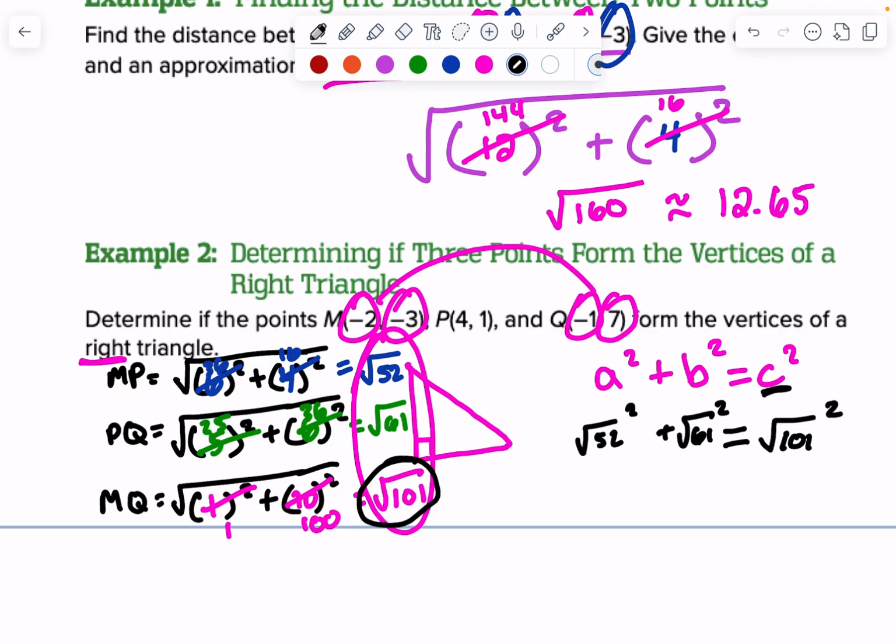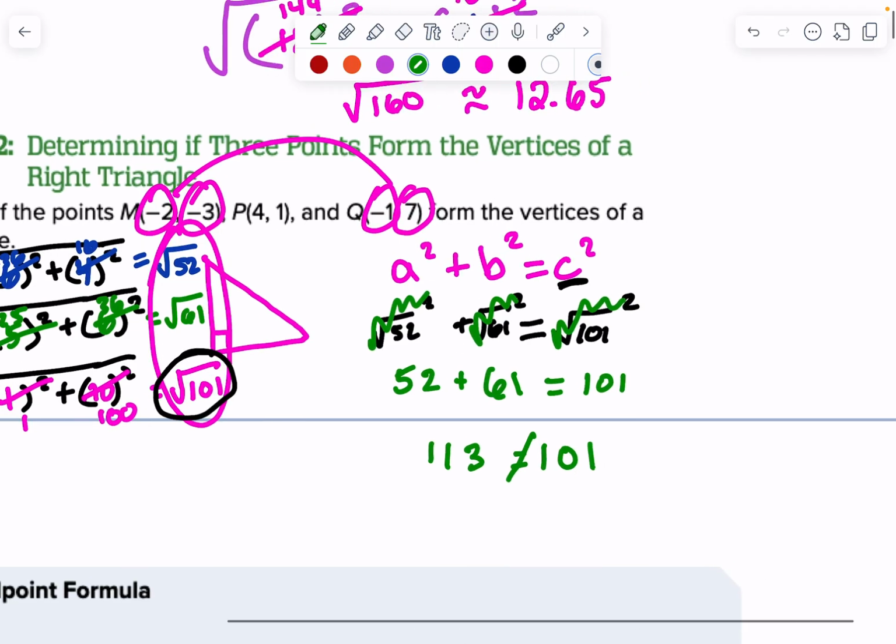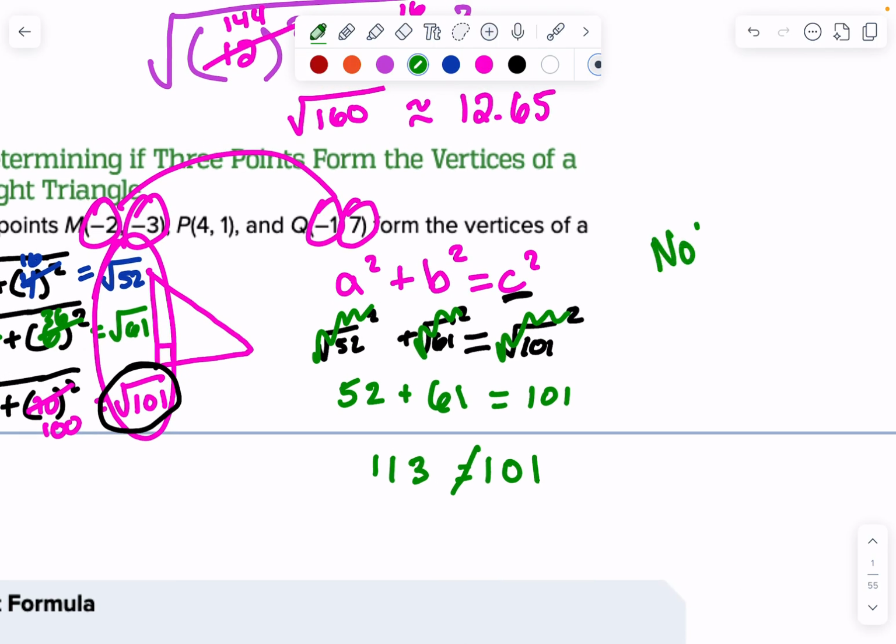All right, okay, there we go. So I'm just going to plug those in there. Now, when you are squaring a square root, those just go away. So I'm checking to see if 52 plus 61 equals 101, because all of those squares and square roots cancel out. 52 plus 61 is 113, which is not equal to 101. So that means this is not a right triangle.